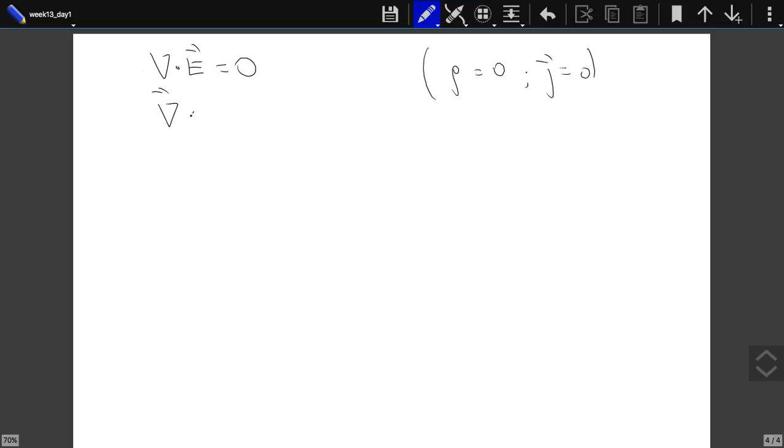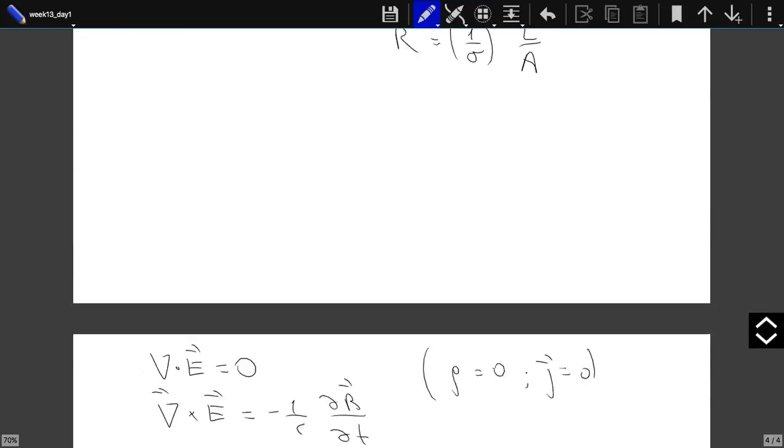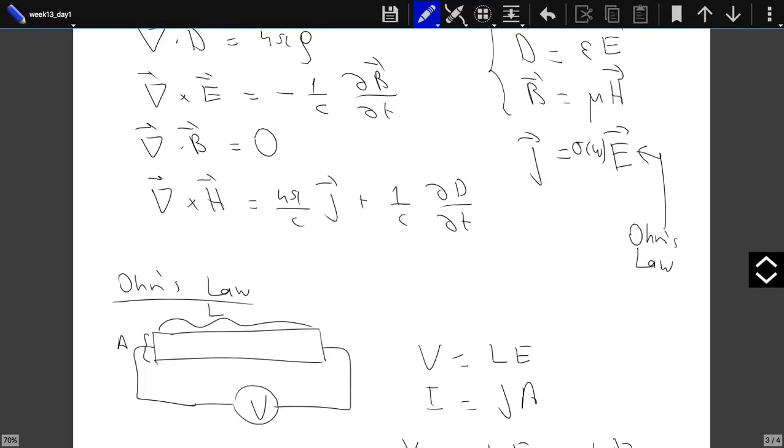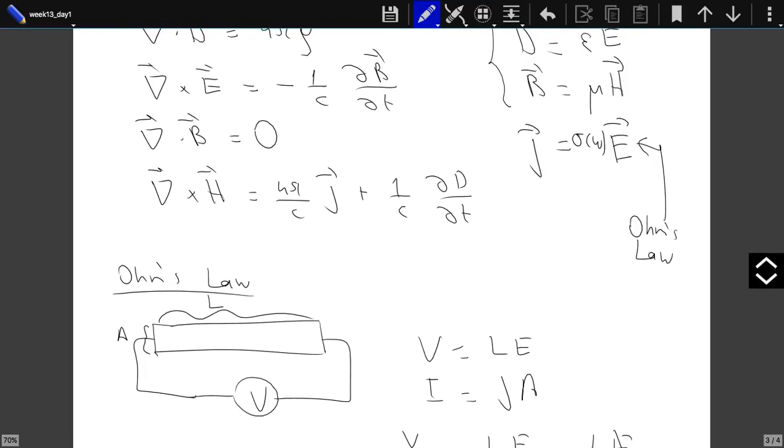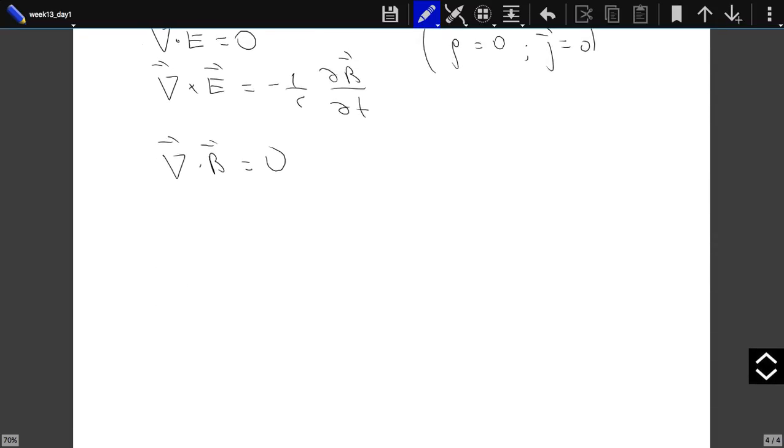And the curl of E is always minus 1 over c, del B by del t. Del dot B is equal to 0. Now, H is B over mu. 1 over mu, curl of B. I'm assuming a homogeneous medium, so mu is just a constant.